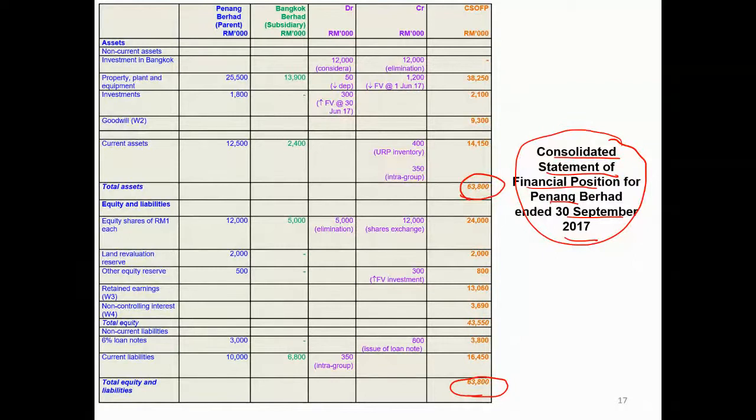Okay, Kang Wei, you have another question. Let's say if there is impairment in investment in the parent's book, do we have to reserve the impairment before doing consolidation? You mean that before they officially become a group, parent and subsidiary, the parent has an impairment, right?